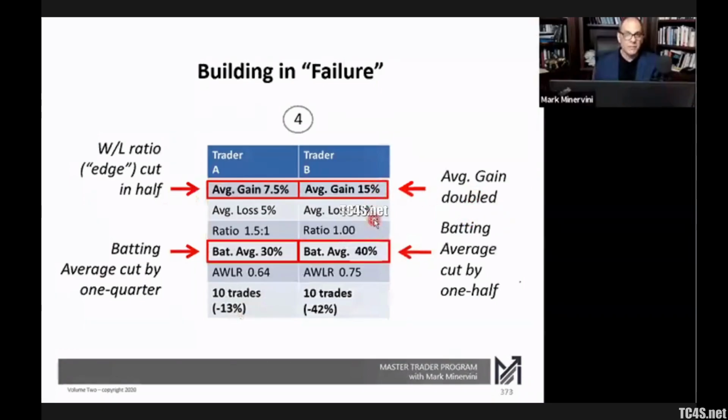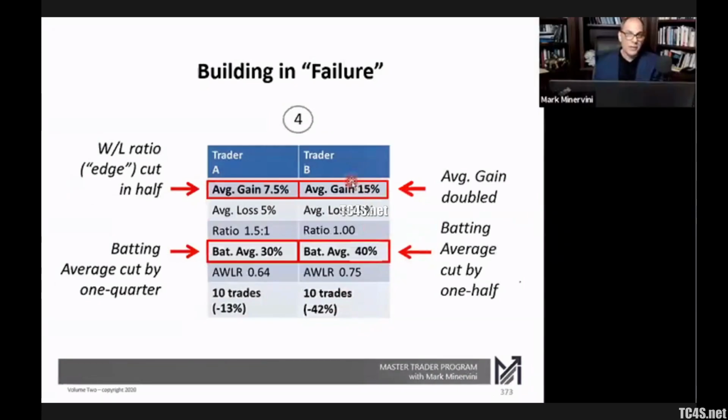So make it even, right? Instead of a 7.5% gain, we're going to double it and make a 15% gain. So now losses are the same as wins, and we're going to take the batting average to 40%. 10 trades is a 42% loss now.